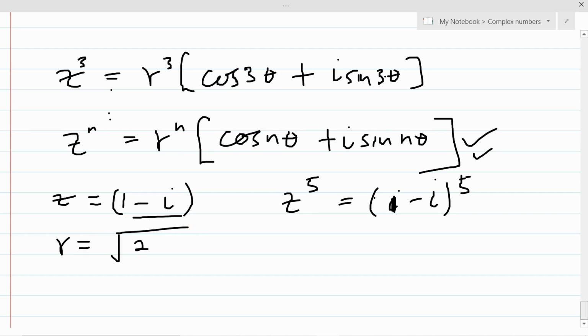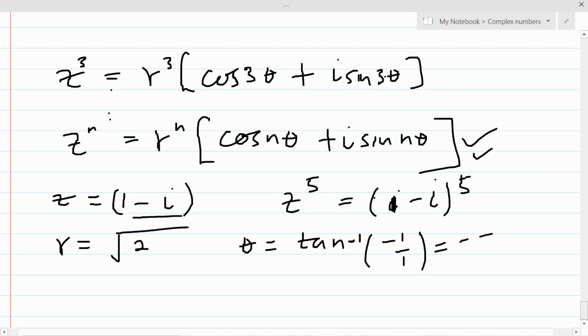And now theta is equal to tan inverse of the imaginary part, negative 1 over 1. So this will be negative pi on 4.